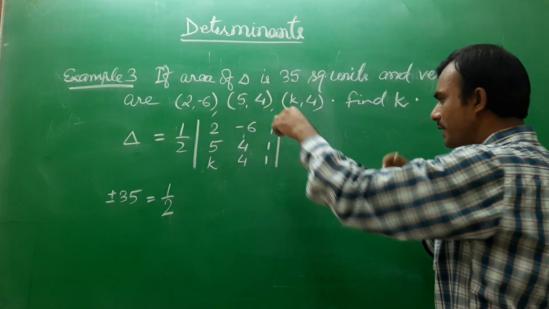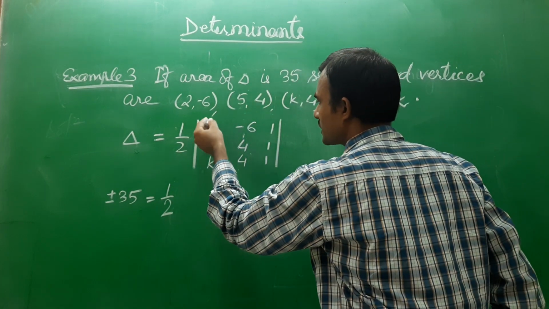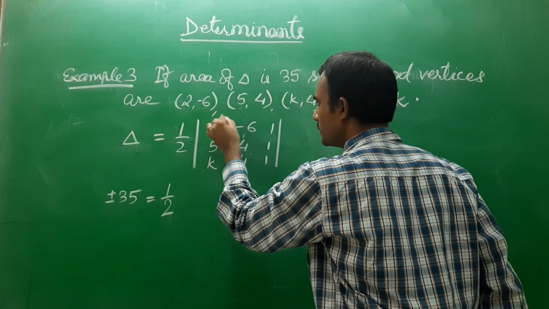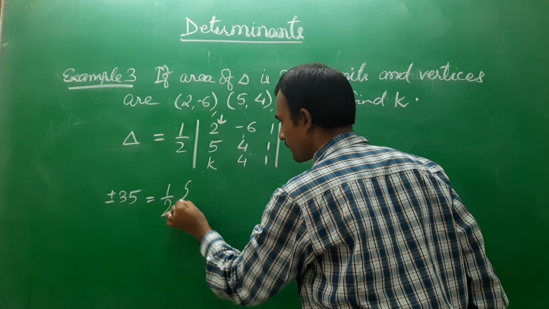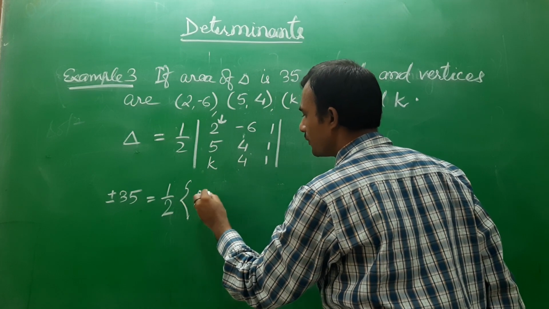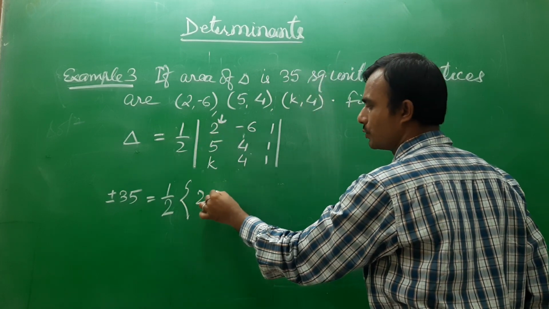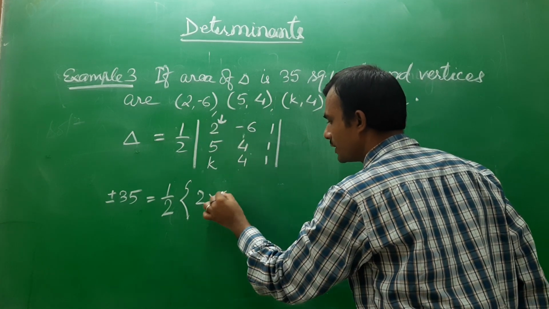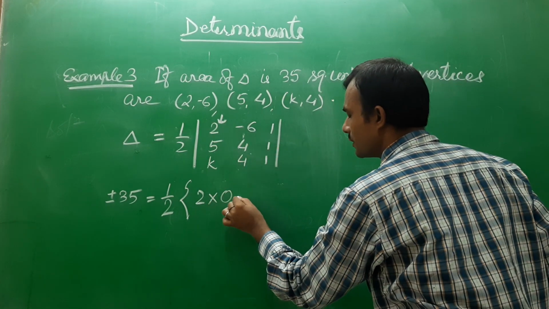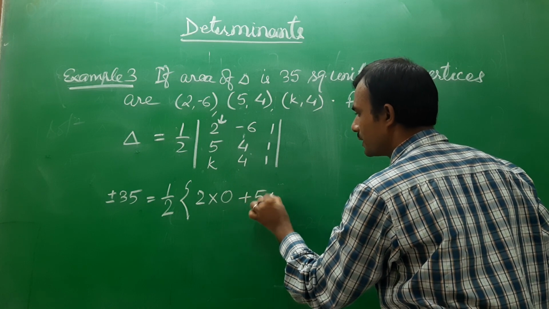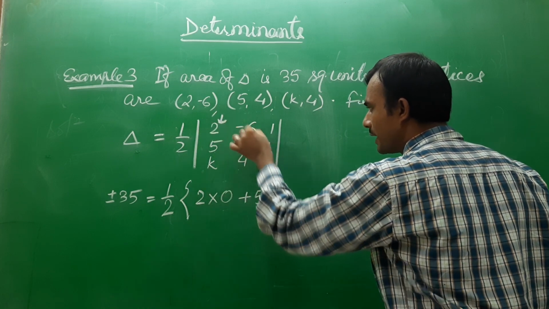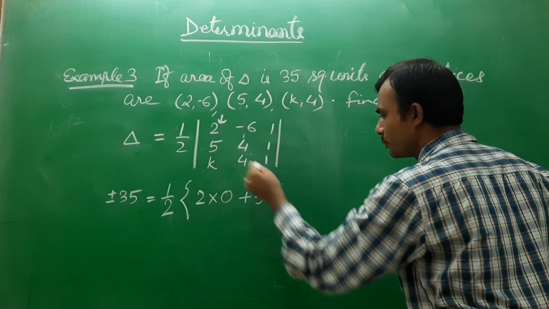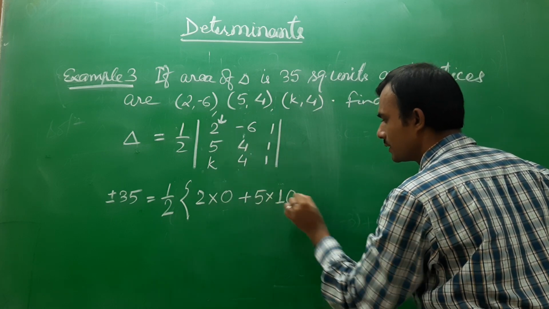Now expand along the first column. 2 into the cofactor, directly I am writing the cofactor now: 2 into, deleting the row and column, 4 minus 4 is 0. Then next, 5, plus 5, cofactor -6 minus 4, that is -10, and then as per position this will be plus 10.